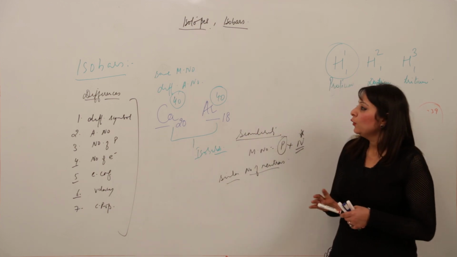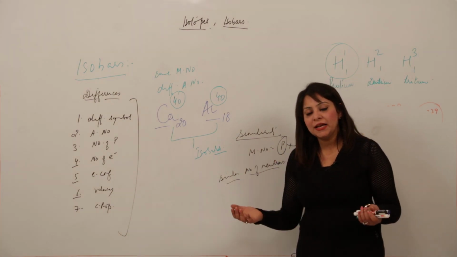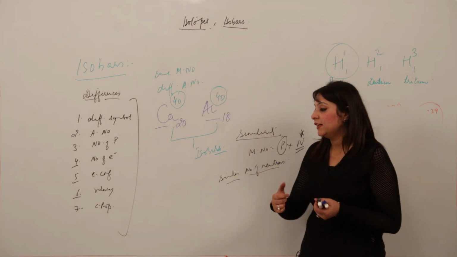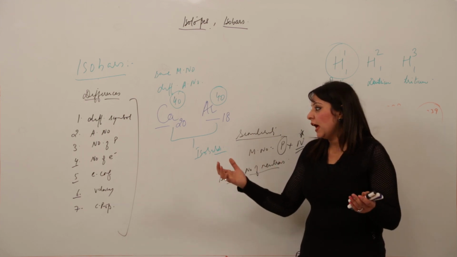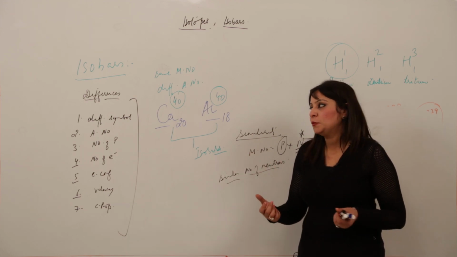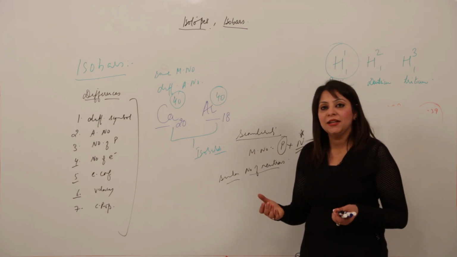So you can see the relation between different atoms: atoms of different elements can also be alike in some aspect, and atoms of the same element can be different in some aspect.